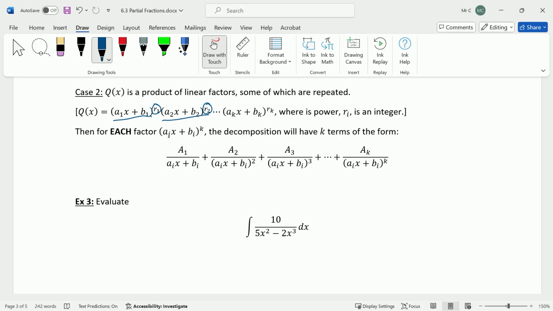Then for each repeated factor, the decomposition will have k terms of the form, where k is the number of times the factor is repeated: a constant over the linear factor, plus a constant over the linear factor squared, plus a constant over the linear factor cubed, and so forth, up to however many times that linear factor repeated.